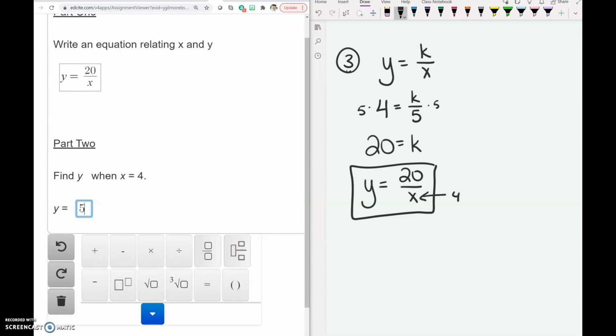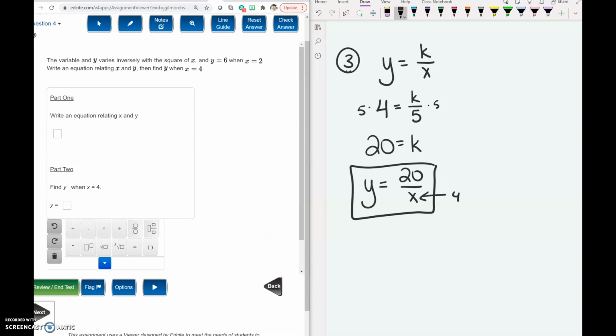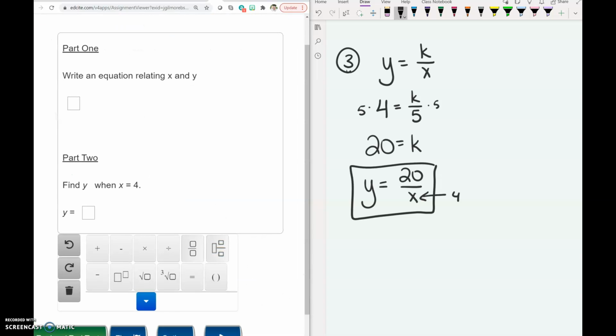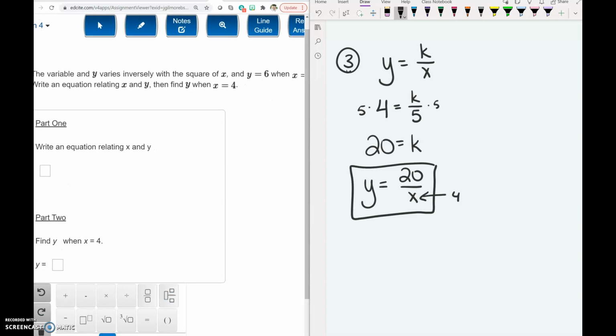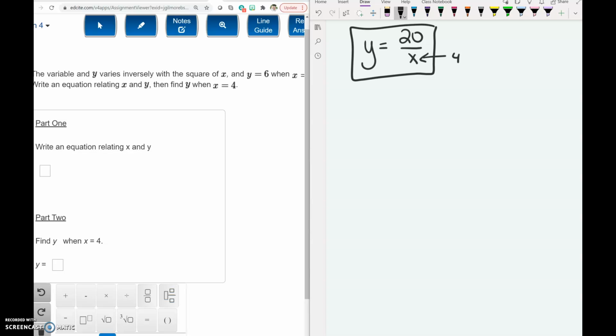Okay, our next problem. Okay, this one on the review, the wording is a little bit funky, but I'll make sure that's fixed on the quiz. But the phrase that I'm really focusing on is y varies inversely with the square of x.